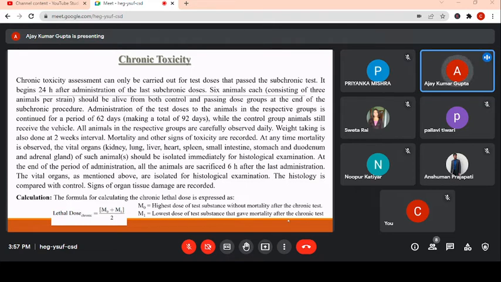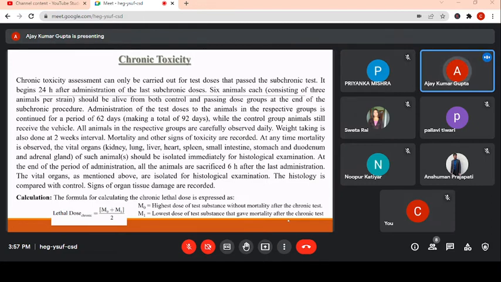Then after subacute, on similar guidelines, subchronic was performed, and similarly chronic has to be carried out for test doses that pass the subchronic test. It begins 24 hours after administration of the last subchronic dose.